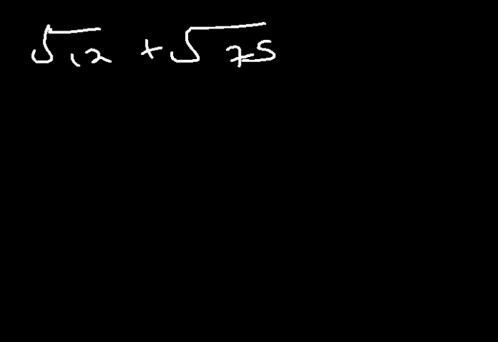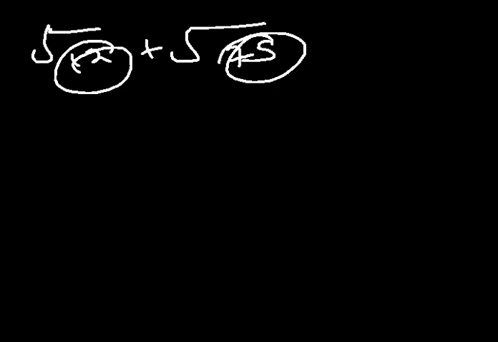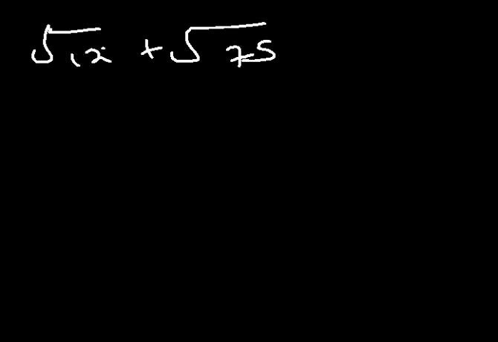So how should we simplify this? Think of 12 as well as 75. We have to come up with the pair of factors of 12 that contains a perfect square. So we have 4 times 3.